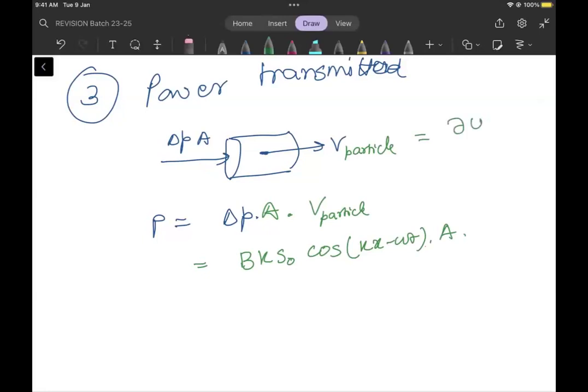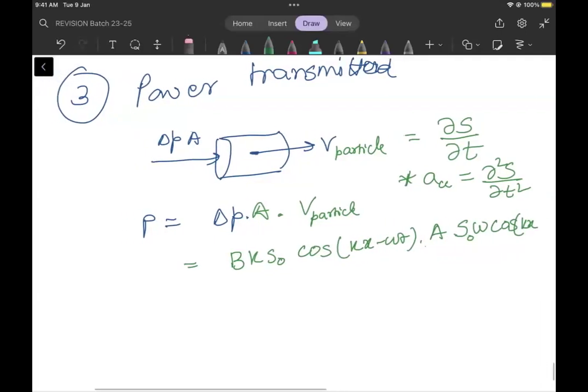Velocity of particle is equal to del s by del t, and acceleration, remember, of the particle is d2s by dt square. So this should be equal to ds by dt, and ds by dt will be equal to s naught omega cos(kx minus omega t).